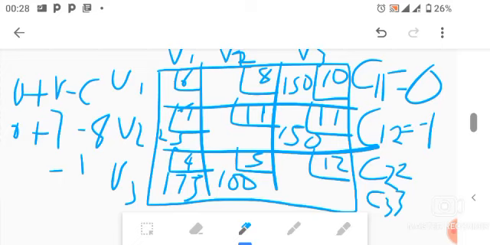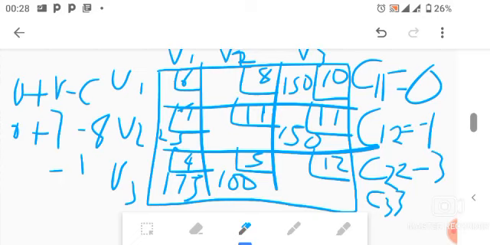So what was the value for u2? We had found that the value for u2 was 1, so it's 1 plus v2. V2 is 7. 1 plus 7 is what? 8. 8 minus the cost. What cost is in that box? 11. 8 minus 11, negative 3. And you record it here, just like that.